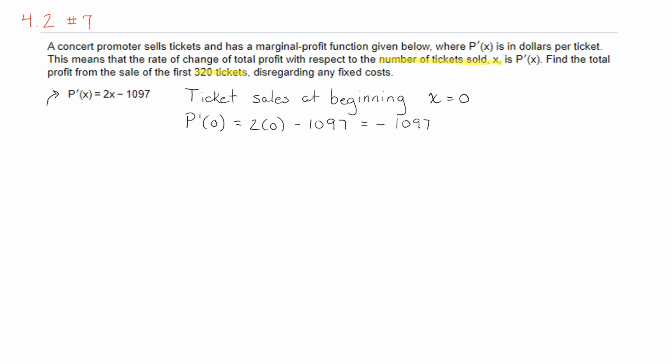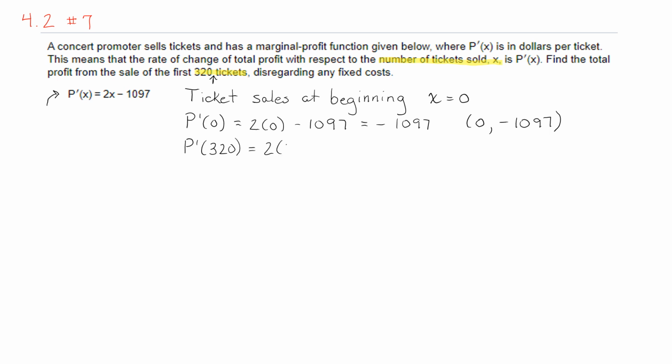And what that does, y'all, is it makes it an ordered pair. So we have 0 for X, and we have a negative 1097 for Y, because we're doing this graphically, and I'll show you how that works in a minute. The second ordered pair that's going to be important to us occurs when our X is 320, because we're wanting to know the profit after we've sold 320 tickets.